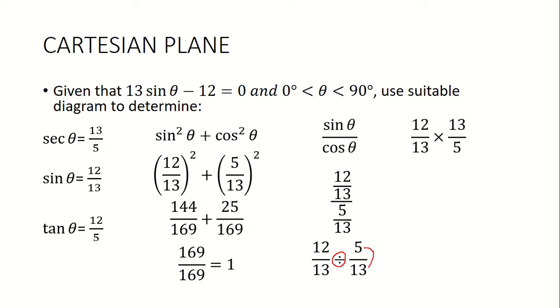That will go to the numerator and this will go to the denominator. Hence, we have that. Now you realize that here 13 cancels with 13, so you are left with 12 over 5, and this is the same as tan theta. So basically sine theta all over cos theta is the same as finding tangent of theta.